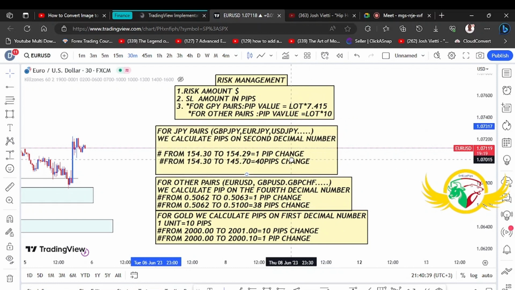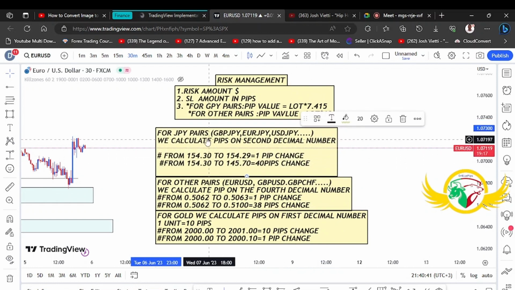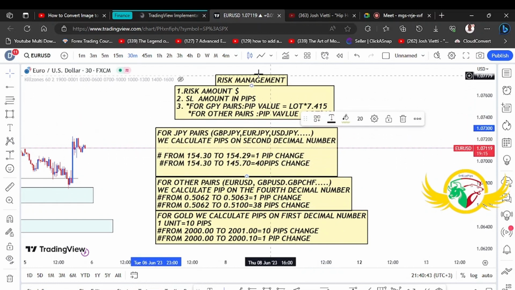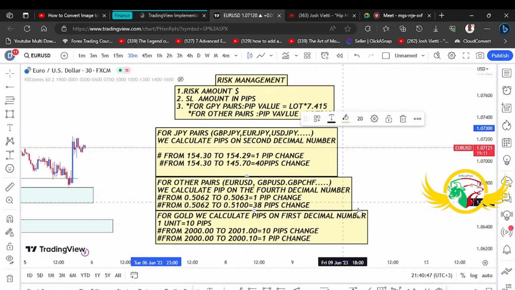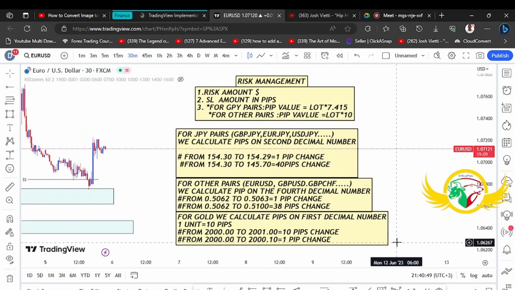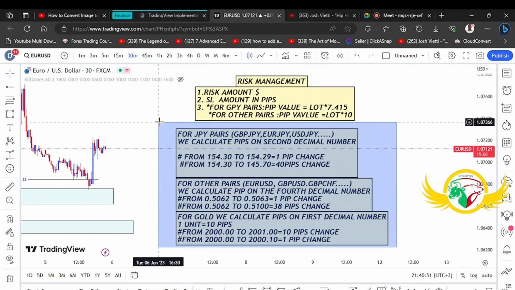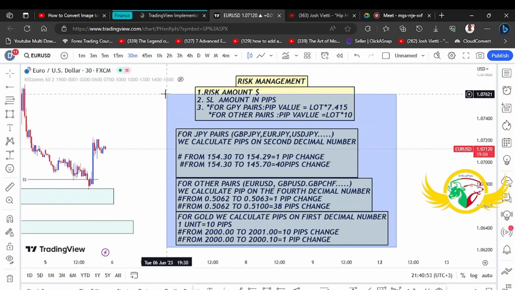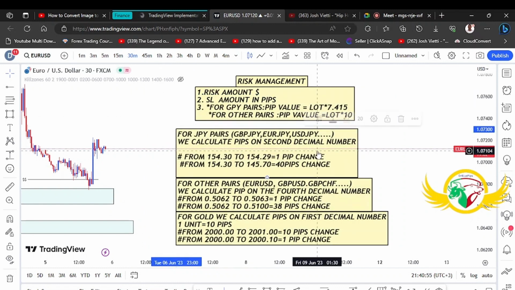But this is essential. You have to know how to calculate pips if you want to know how to calculate your risk management.